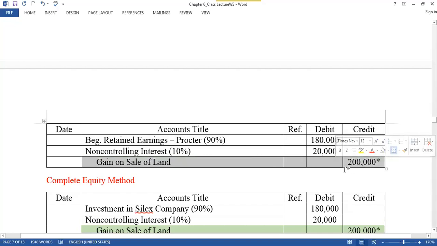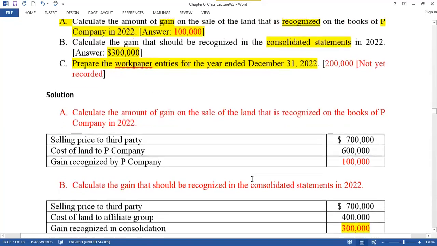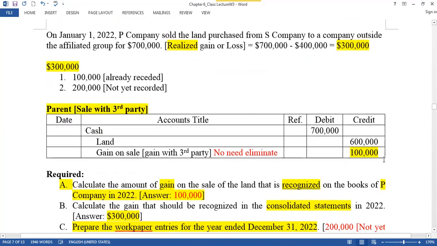Because 100 already recorded credit. Now we have to record another 200. Clear? And if you don't know what is the 100, this is the 100 journal entry I show you. Although the question did not ask you to show it, I show you for your information.